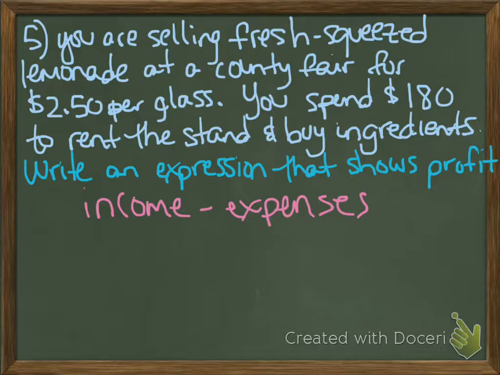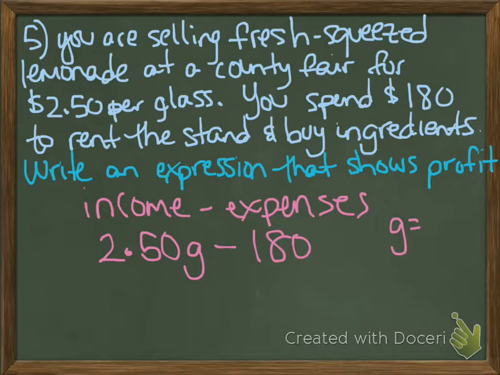So your income is $2.50 per glass. We're going to let G represent the number of glasses, minus 180. So make sure that you write down that G equals or represents the number of glasses. We should get in the habit of defining our variables.